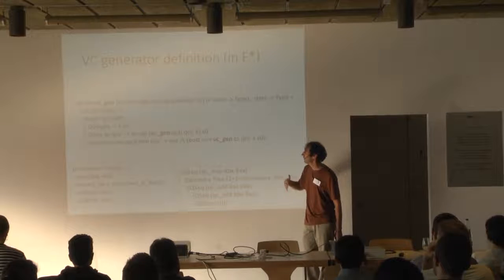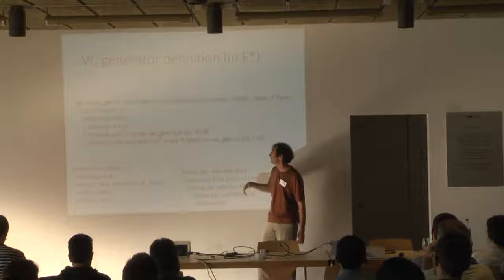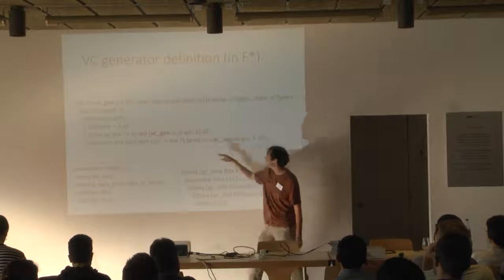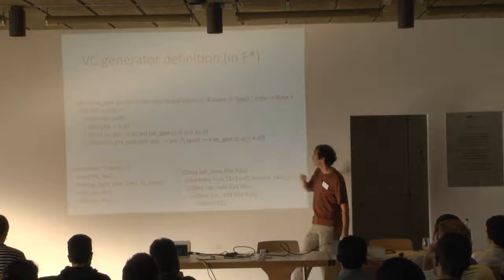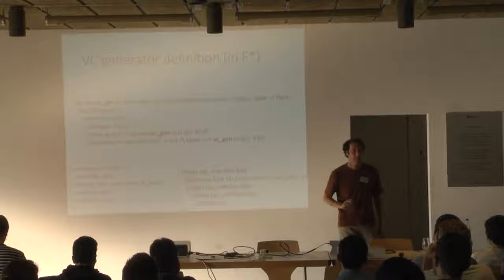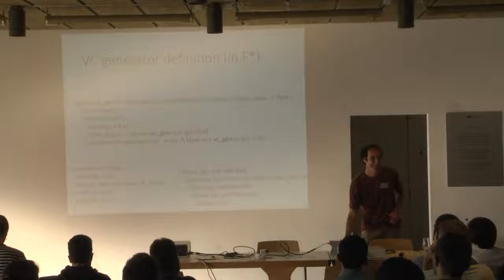For example, if we're calling a lemma with a particular precondition and postcondition, what we add to the verification condition is: you must prove the precondition, and then you get to assume the postcondition in the rest of the verification condition, which is a recursive call. That's all there is to it. It's actually not that hard.